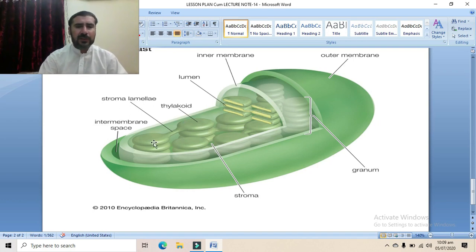In between these granum there is a fluid. That fluid is known as stroma. Here it is written stroma. So the semi-fluid present inside the chloroplast, in between the granum, is called the stroma.